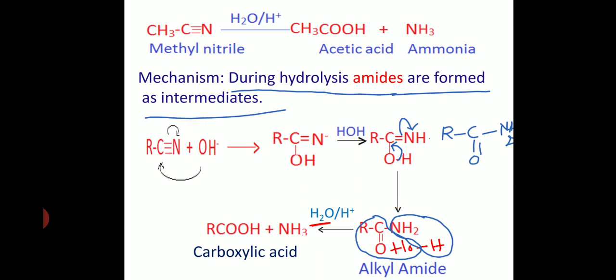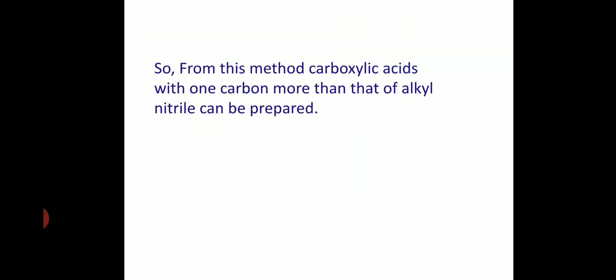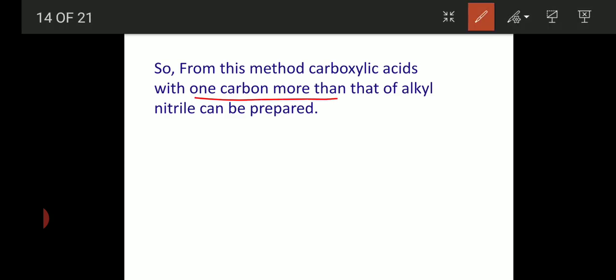Yes, this CN is becoming COOH. So what we have to remember? CN on hydrolysis produces COOH. So the earlier statement, one carbon more, is not correct. The carboxylic acid will have the same number of carbon atoms as the alkyl nitrile. So this is today's session, the preparation of carboxylic acids from alkyl nitriles. Okay. Thank you. Stay home and stay safe.